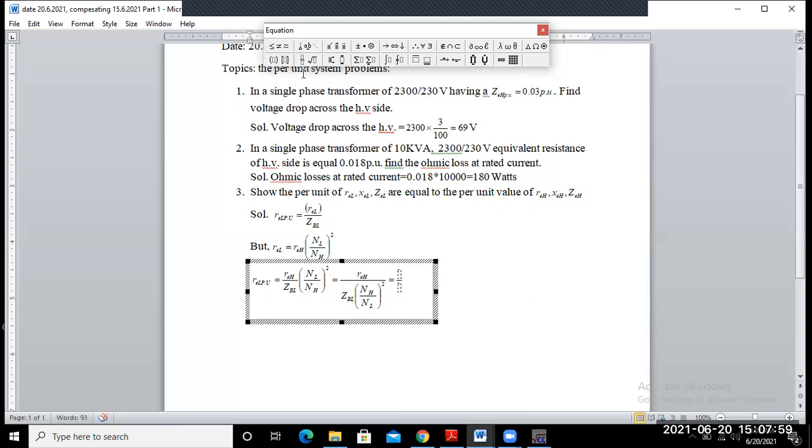So R_EH divided by Z_BH, that means the base impedance of the high voltage side.